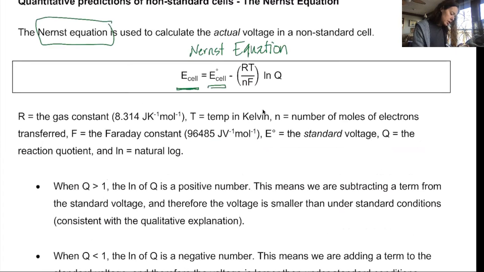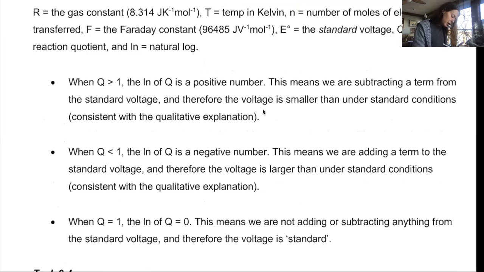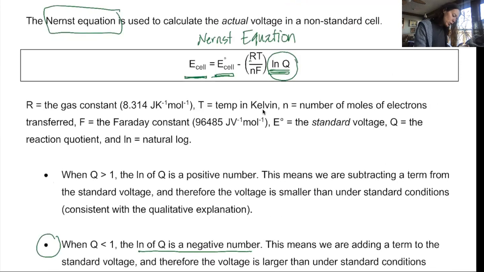This is our standard E cell, R 8.314, T temperature, n number of moles, F Faraday's constant, natural log of Q. Well, if Q is less than 1 right here, then the natural log of a number less than 1 is a negative number. We will be subtracting a negative, which is adding, and the E cell will in fact go up.